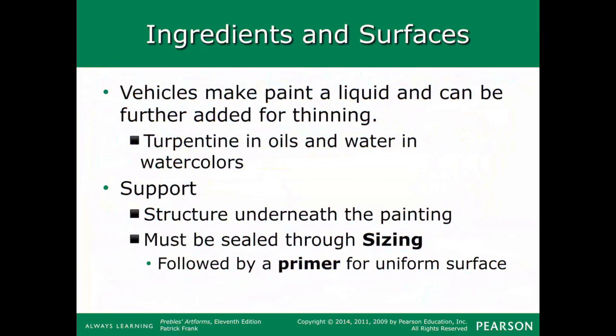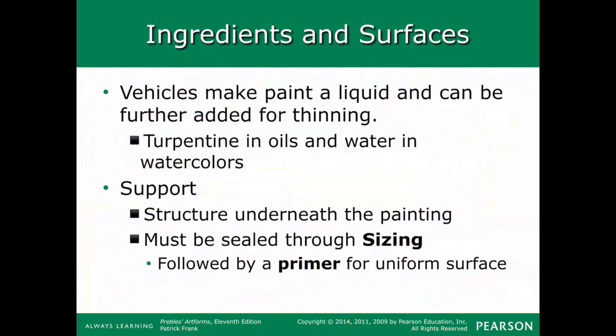So the artist has to do a few things to prepare the surface before he or she actually starts painting. So the sizing is done, and also a primer. The primer is used to help create a uniform surface.